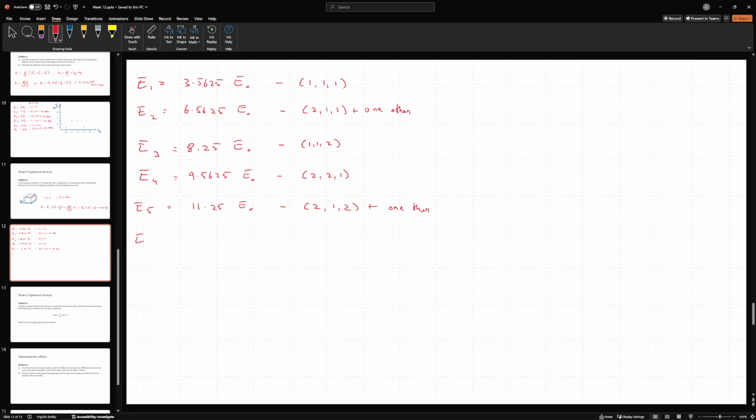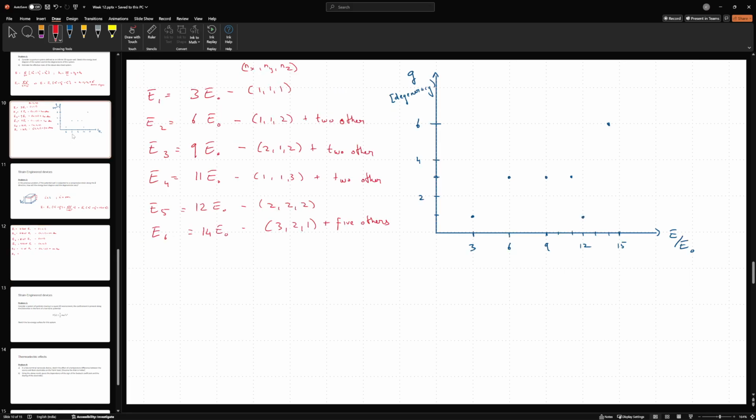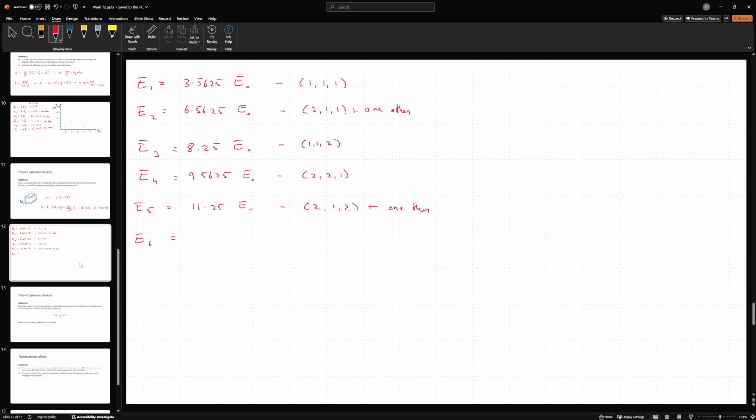And then finally the sixth energy level is going to be, just by analogy, 1, comma 1, comma 3, but the 3 has to be either in nx or ny, not in nz. So now that is going to be 9 plus 1, which is 10, plus 1.5625. So that is going to be 11.5625 E naught, which corresponds to 3, comma 1, comma 1 plus one other.